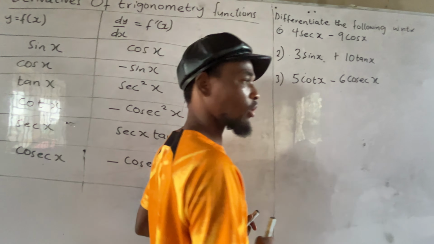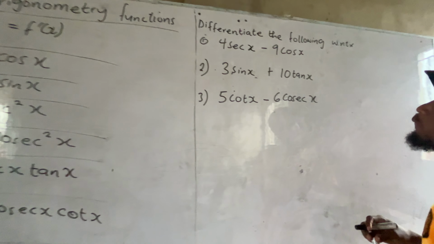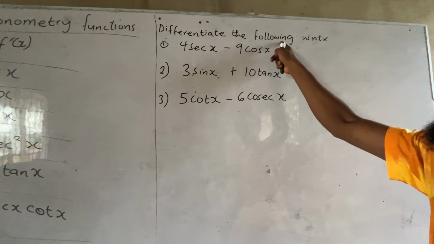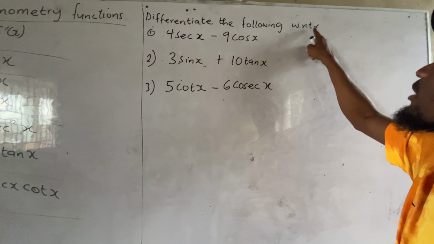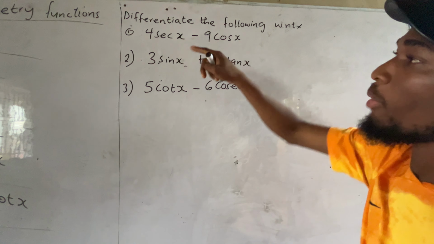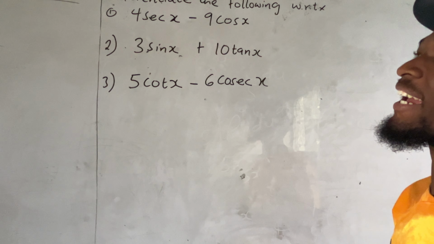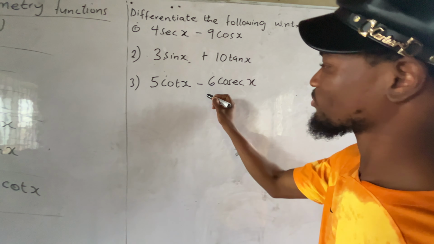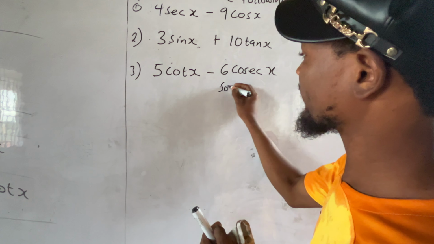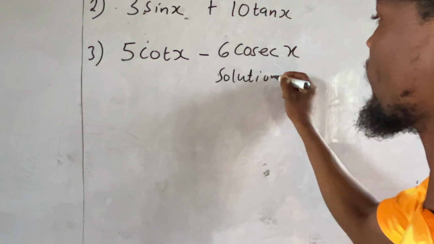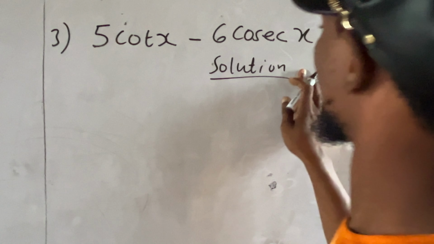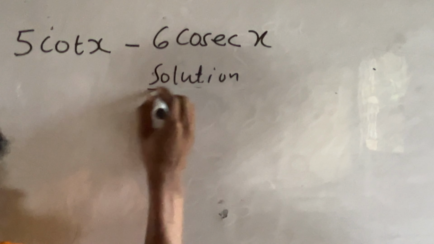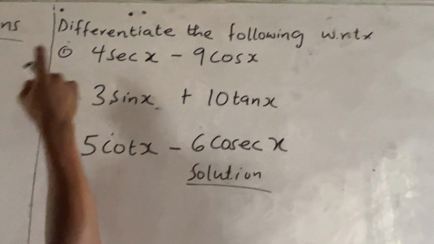I have a question on the board. Differentiate the following functions with respect to x. Number one, we have 4 sec x minus 9 cos x. This question is very, very trivial.